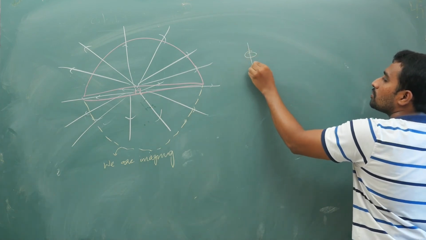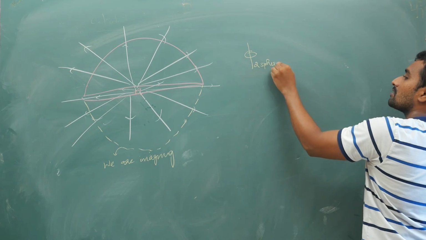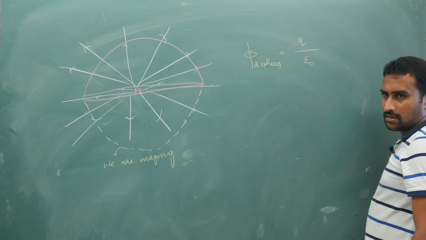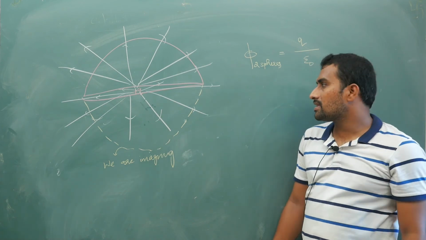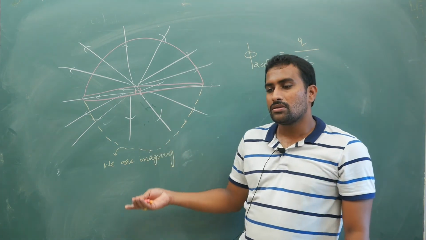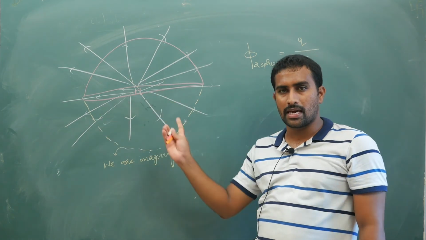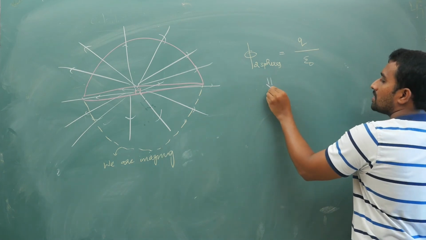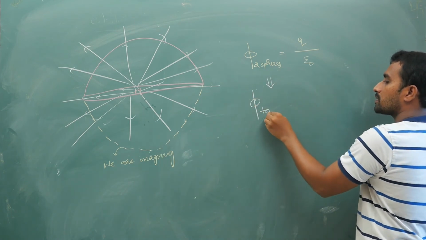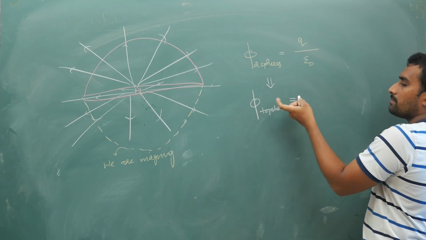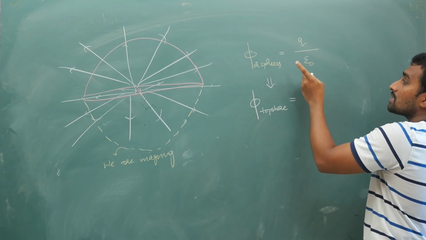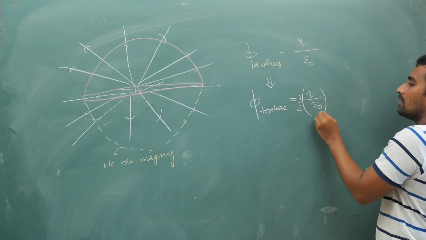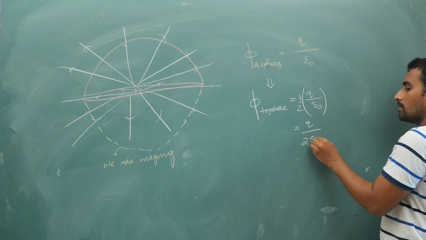Your flux through the full sphere, enclosing a charge of q, is q by epsilon naught. Whatever 10,000 lines are being produced will go through the full sphere. The flux through the top hemisphere is half of it, so it is half of q by epsilon naught, which gives q by 2 epsilon naught.